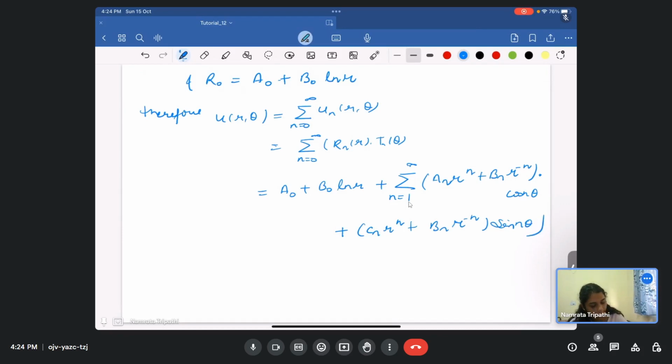Fine. So this is u of r, theta. Now we have to find the constants with the help of the boundary condition.